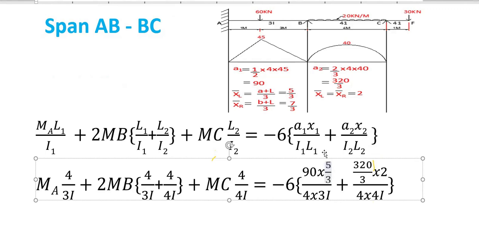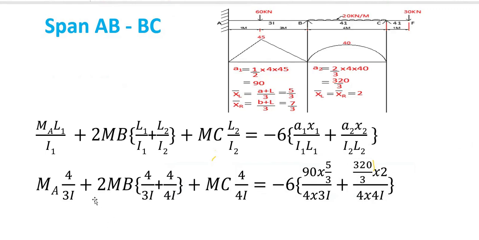X bar left, rather, sorry, because now I'm moving from left to right. So this is x bar left. So don't make that mistake like I've done here. It's supposed to be 5 over 3. So if you work that out, we can simplify this further.